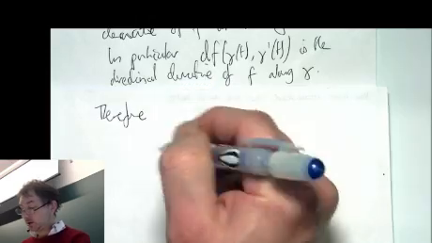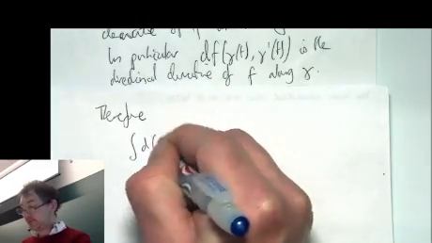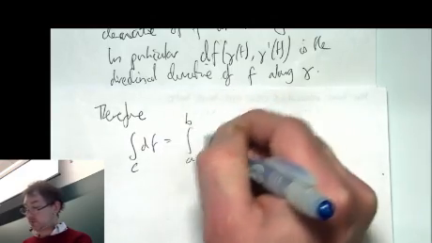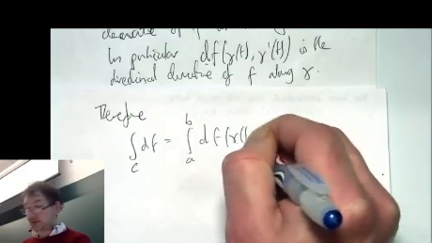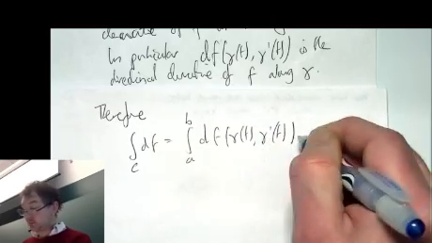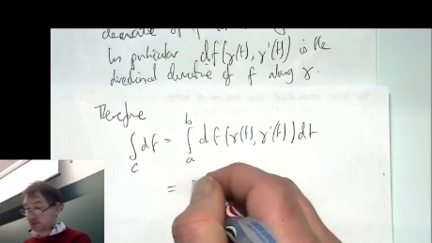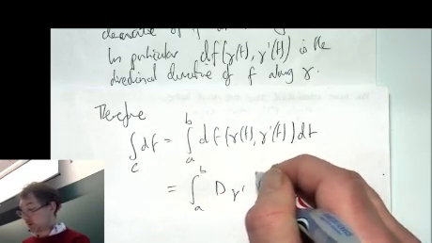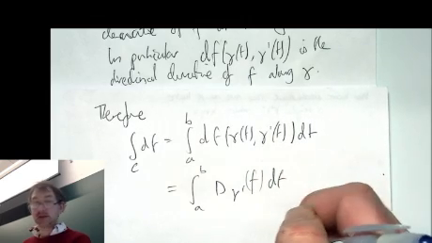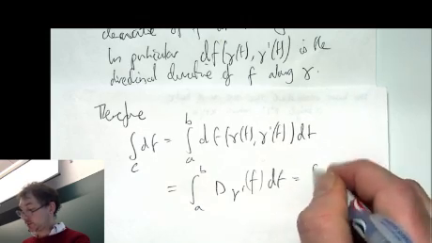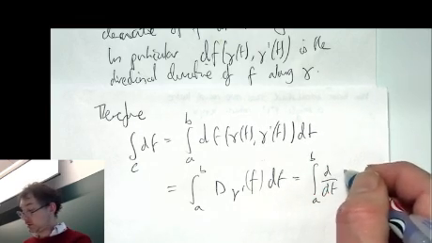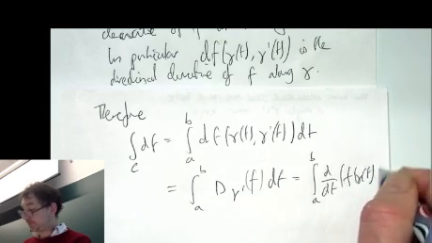Therefore, if we want to integrate df, which is our one form, along C, we would be doing the integral from a to b of df at gamma of t applied to gamma dash of t, dt, which we know is just the directional derivative along gamma of f, dt, which is equal to d/dt of f of gamma of t, dt.